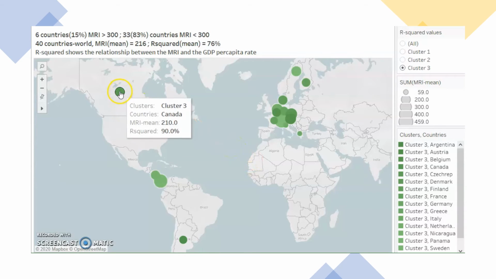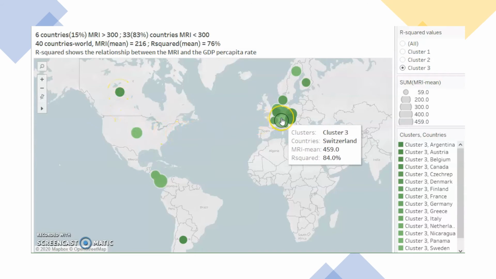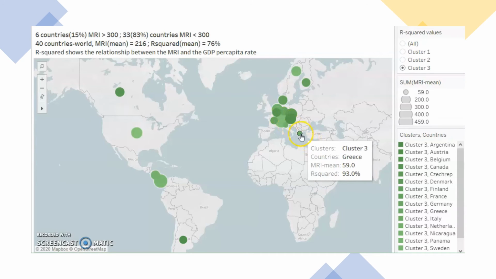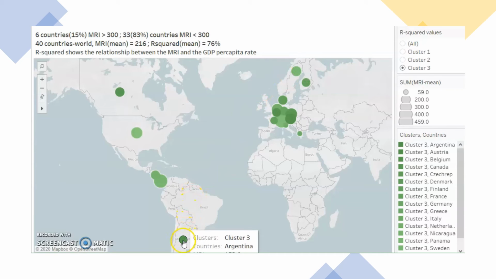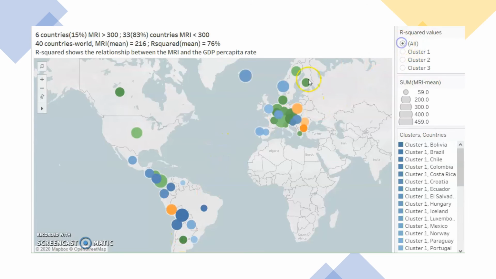Here we have Canada with 90%, United States with 86%. Here in Europe, we have Switzerland at 84%, and Greece with 93%, and we have 87% for Sweden, and in Latin America, Argentina with 90%. So all the countries that we have studied have a very high R square.